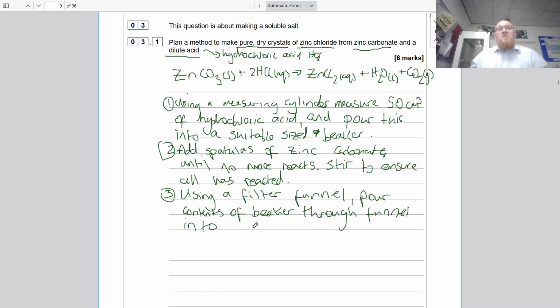The reason I use a conical flask is just because it holds the funnel, and also it's a little bit safer. You're less likely to splash anything or get contaminated.